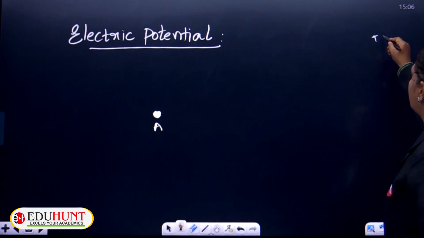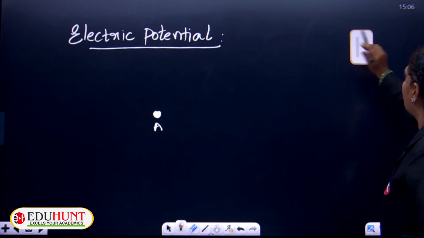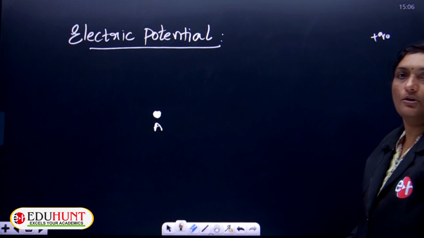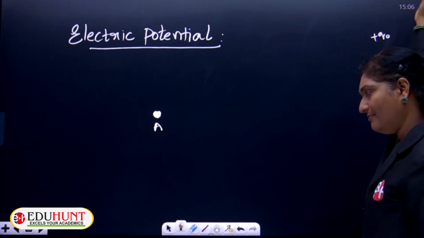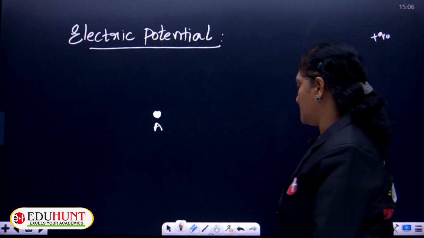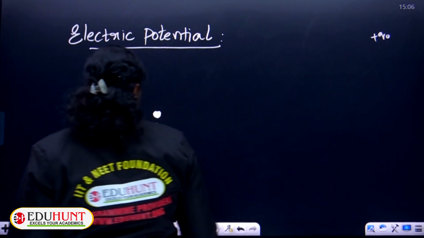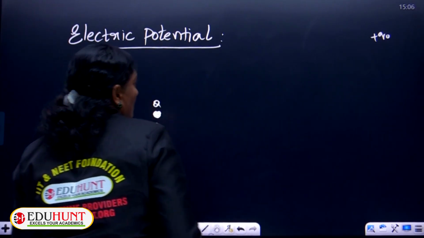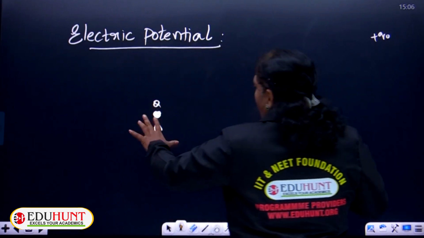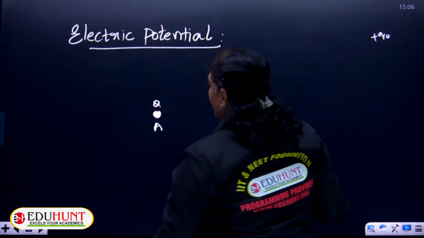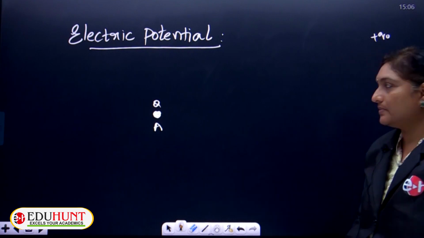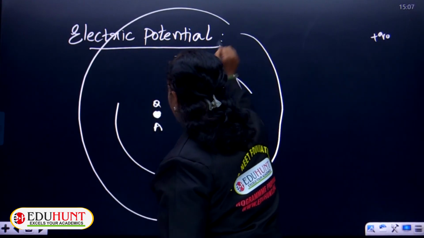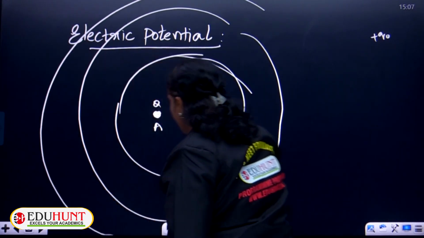Let us consider a test charge, say Q naught, which is somewhere very far away from the charge we have considered at A. This charge exerts an electric field in and around its vicinity.